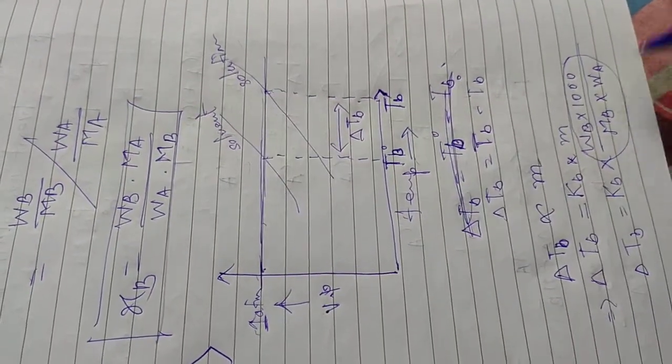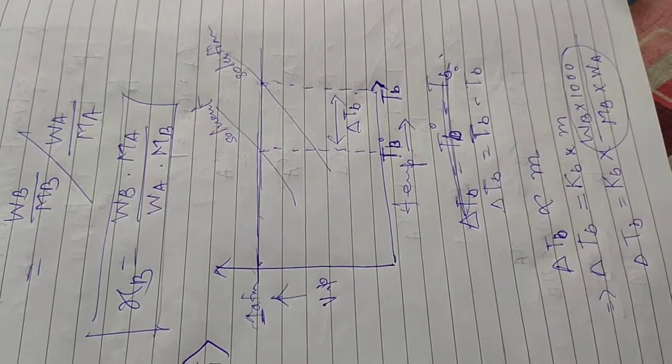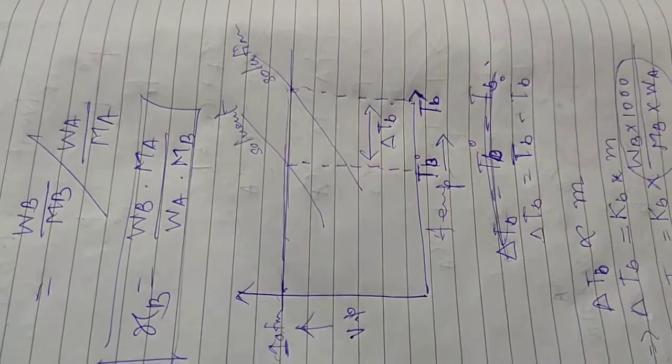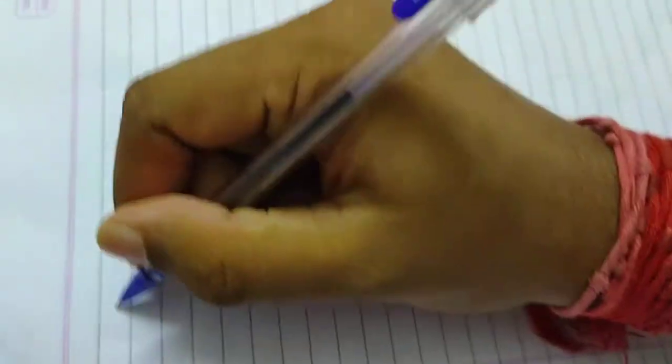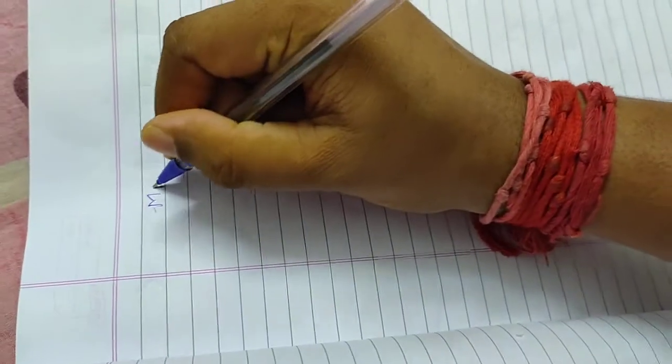Delta Tb becomes equal to Kb into WB into 1000 by MB into WA, where WB is the weight of the solute, WA is the weight of the solvent, Kb is the molar elevation constant or ebullioscopic constant, and MB is the molecular weight of solute.